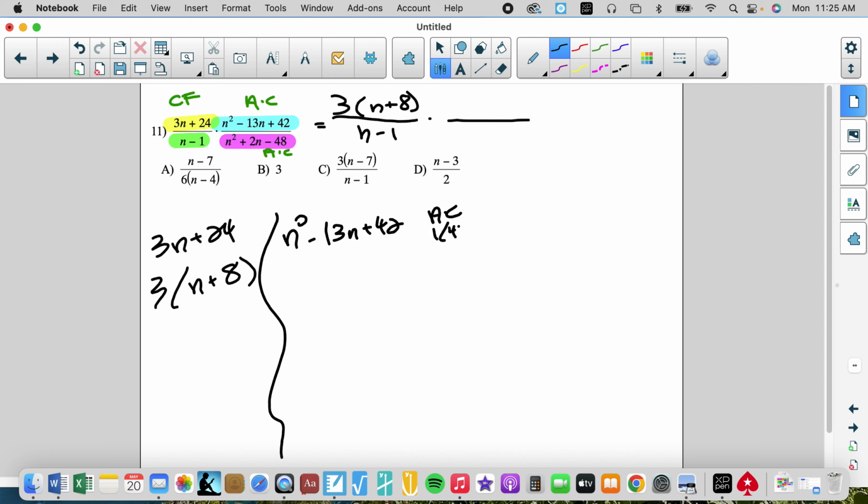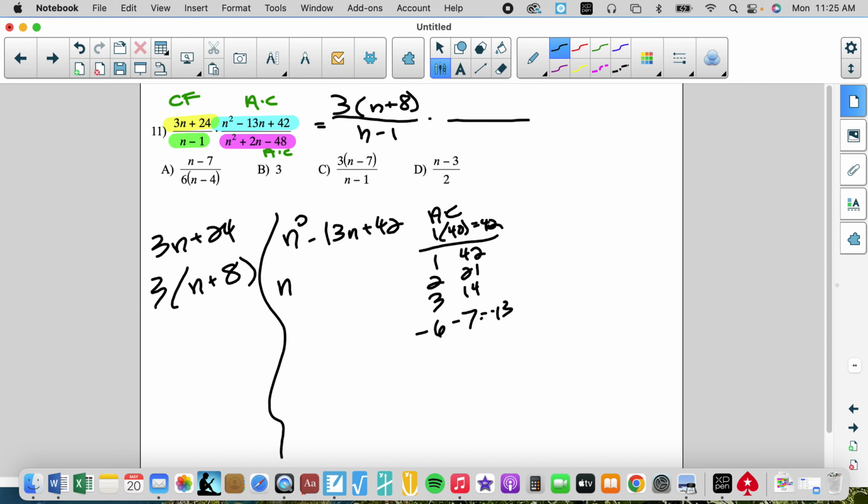A is 1, c is 42. 1 and 42, 2 and 21, 3 and 14, 4 no, 5 no, 6 yes, 6 and 7. Signs are the same, both are negative, and this makes negative 13.